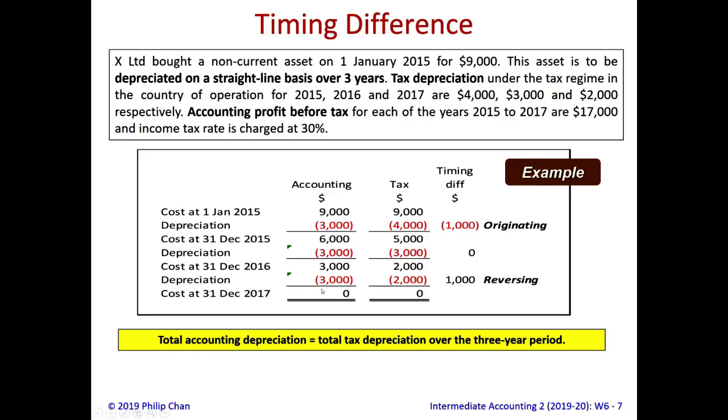Then in 2017, right, your accounting depreciation now is 1,000 more than the tax depreciation. What does it mean then?